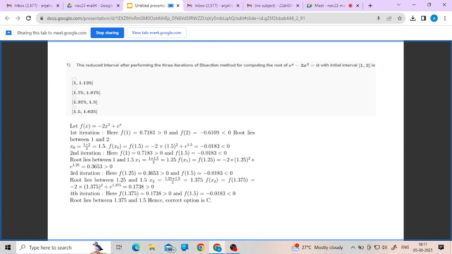Similarly do for the third iteration. After 3 iterations you will finally get the interval in which the root will lie. Are you getting it for the third iteration?